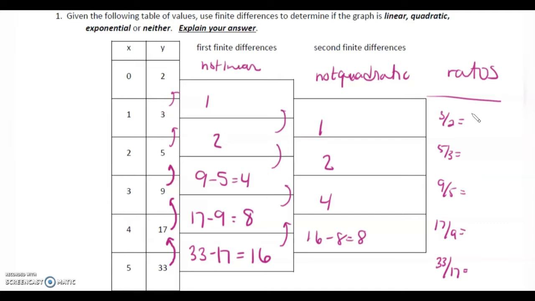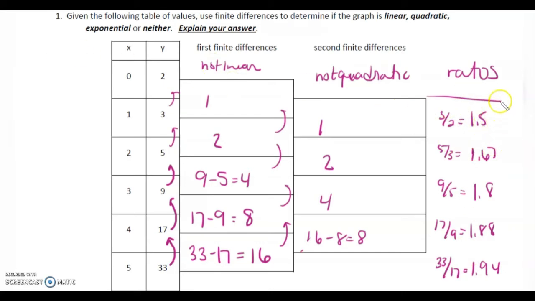I get 1.94, 1.88, 9 over 5 gives us 1.8, 5 over 3 is 1.67, and 1.5. These are clearly not the same.